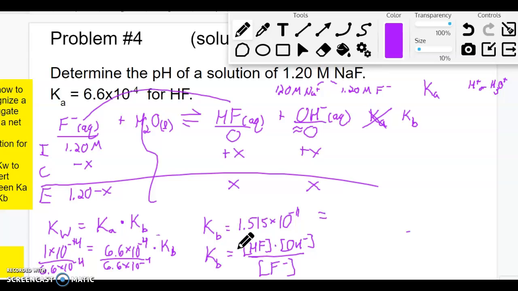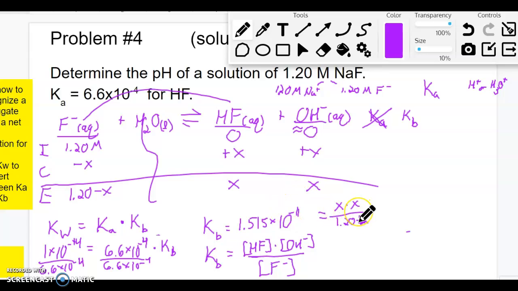So this 1.515 times 10 to the negative 11th is equal to, I'm going to put my values in here, X for HF, X for OH minus, and 1.20 minus X for the F minus. I can take out the minus X because my equilibrium value is much less than, times 10 to the negative 4th.